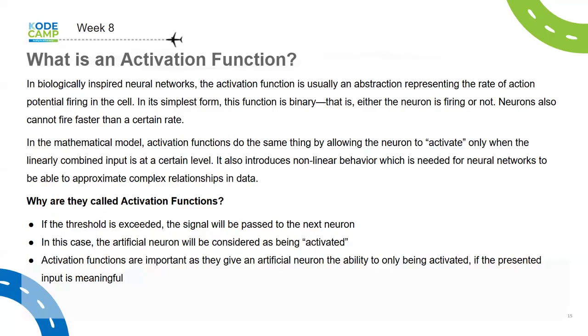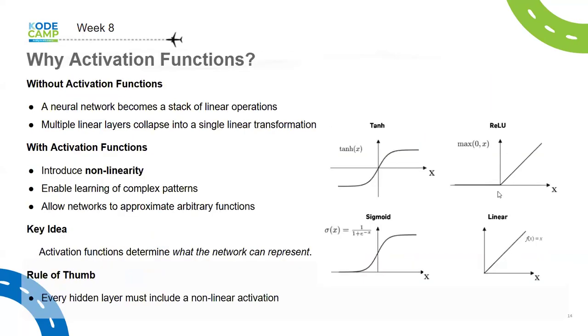So in the mathematical model, activation functions do the same thing as the biological neural network. They allow the neuron to activate only when the linearly combined input, that is the Z, is at a certain level. You can already see that here, like when we were talking about ReLU, the value here needs to get to 0 before it activates, otherwise it remains at 0.